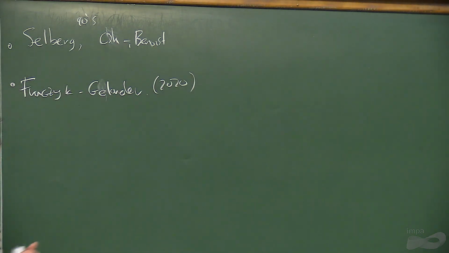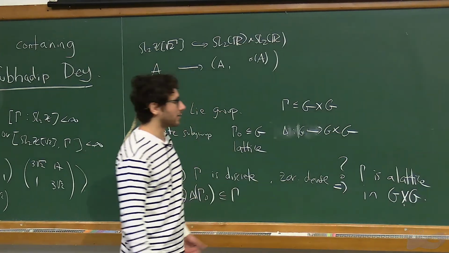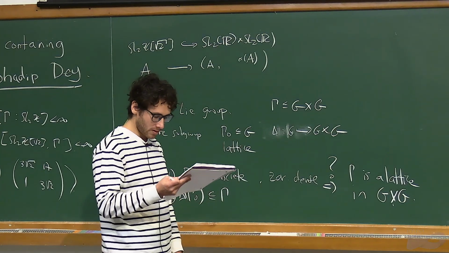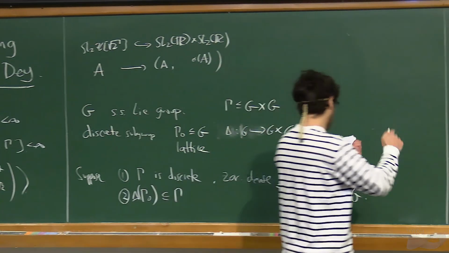But the problem with this result is that it is difficult to check whether something has bounded injectivity radius. If I ask you, does this group have bounded injectivity radius in SL2R times SL2R, it's difficult to really test.